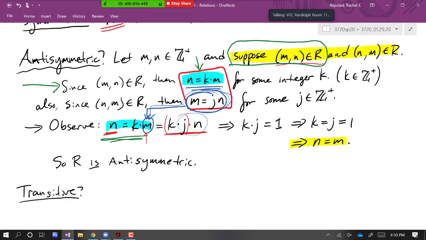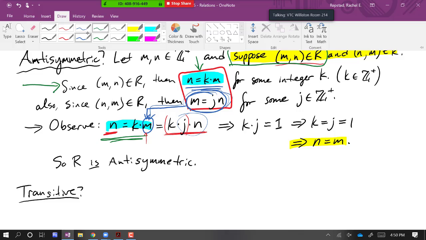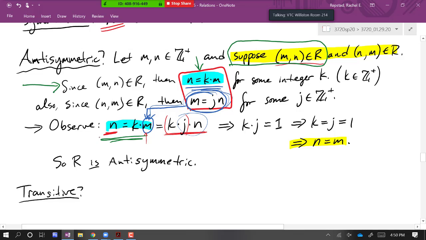I didn't really think of it as having divided, but I'm going to zoom in on one part of this equation. So I have three sides to this equation. I have the n in the beginning, in the middle I have km, and then this third side, kjn, after I make that substitution.